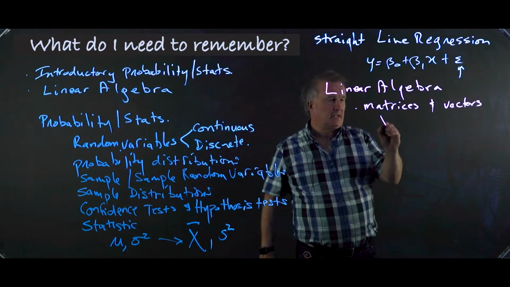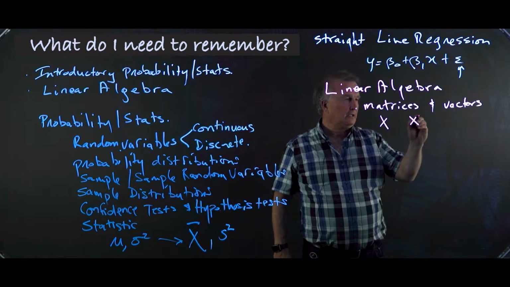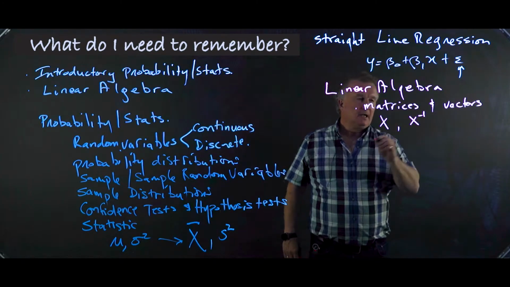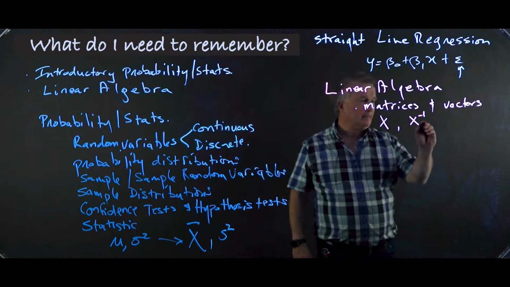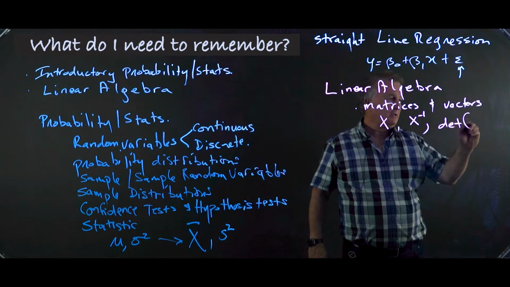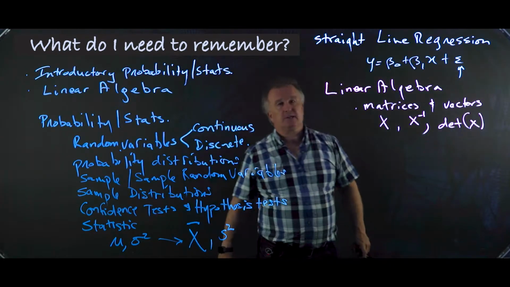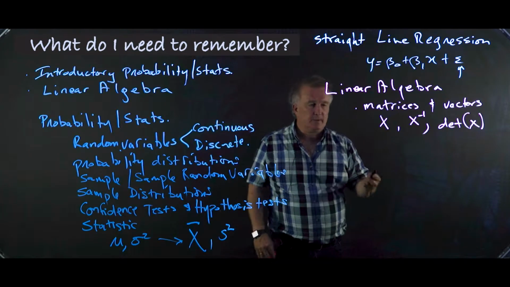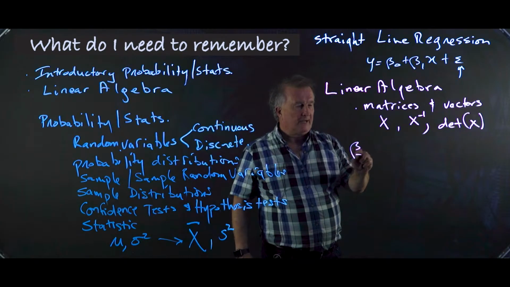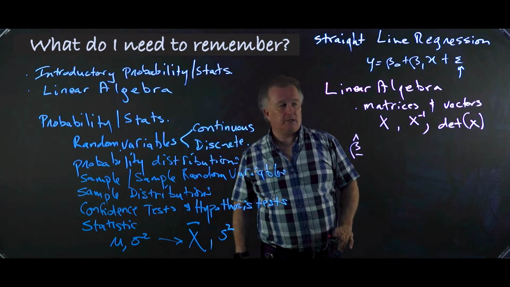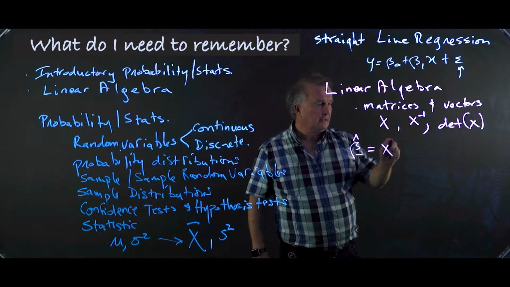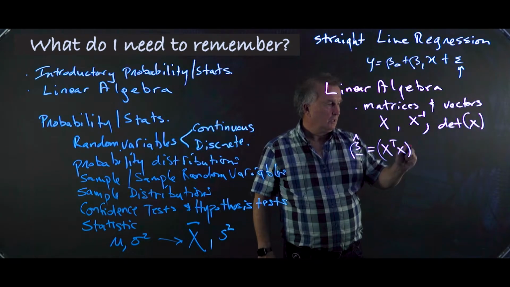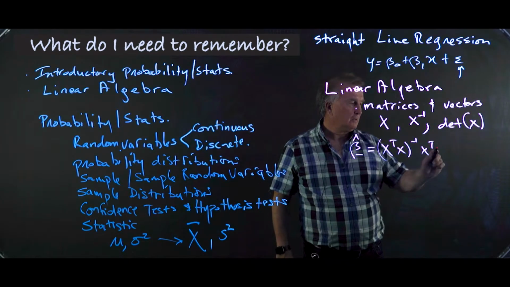So if I've got a matrix X, how do I calculate X inverse? That kind of thing, the determinant of X. Because one of the things that we'll do in this course is come up with an expression for the parameter estimates in a multiple linear regression model, and it's going to look like this.